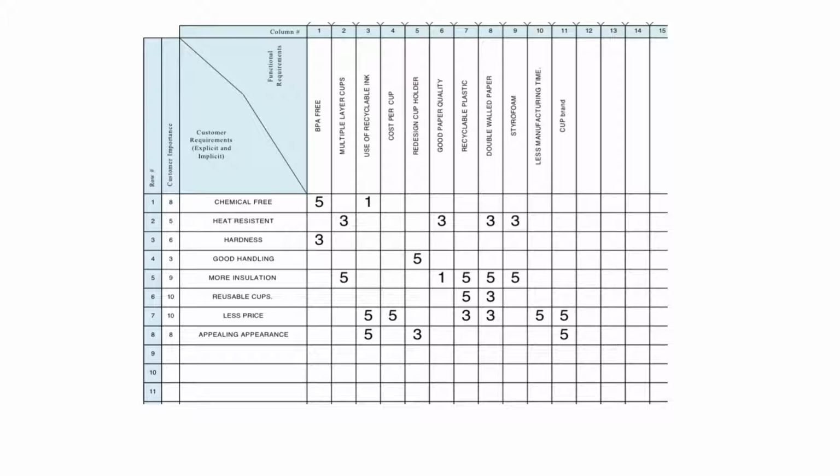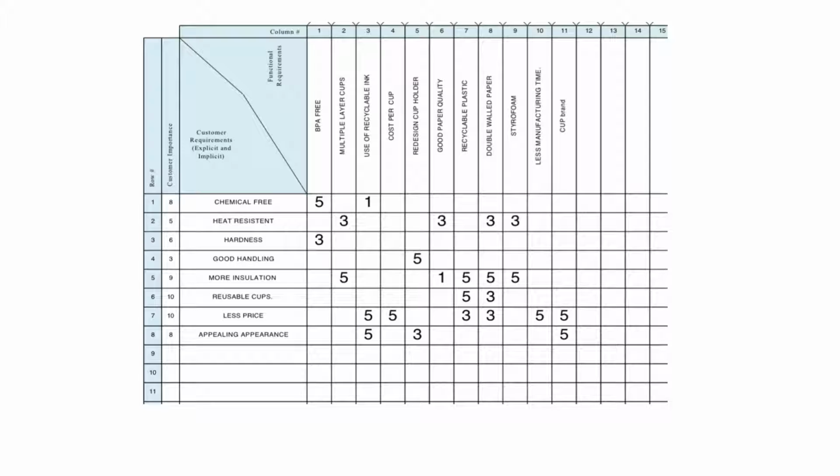Multi-layered cups are interrelated with heat resistance and more insulation. More so the insulation part, because if the cup is multi-layered, there will be more insulation in the cup and it will hold the coffee for a longer time. Heat resistance is intermediate, because making our cups completely heat resistant is next to impossible.